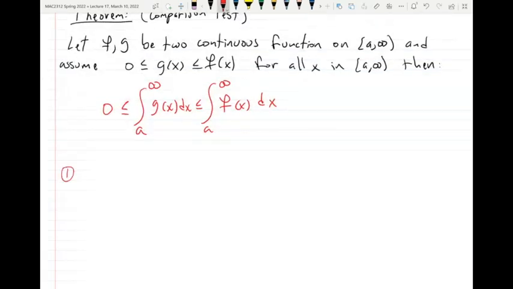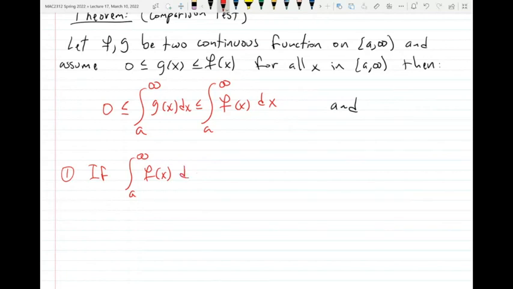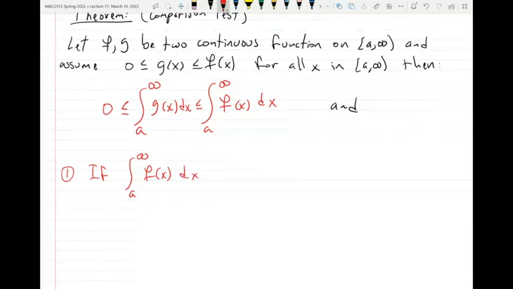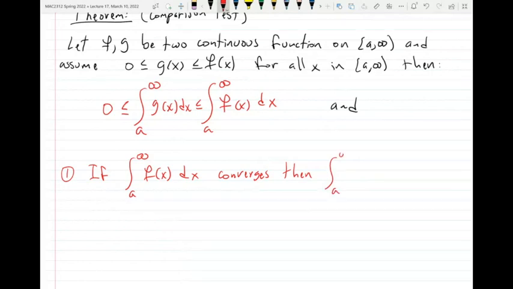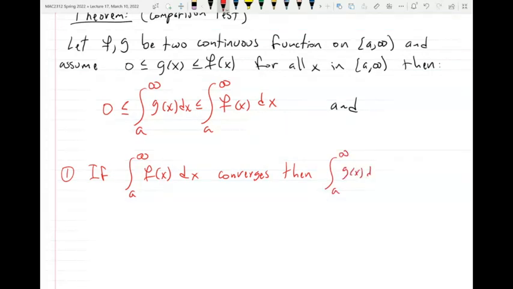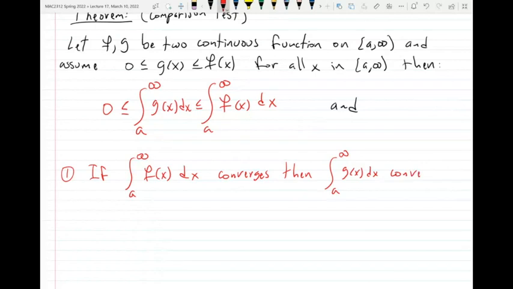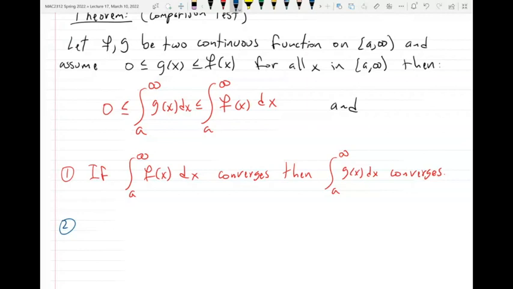So number one: if the improper integral of the big function converges, then the small one converges. And number two, what I'm about to write is equivalent actually to this one.